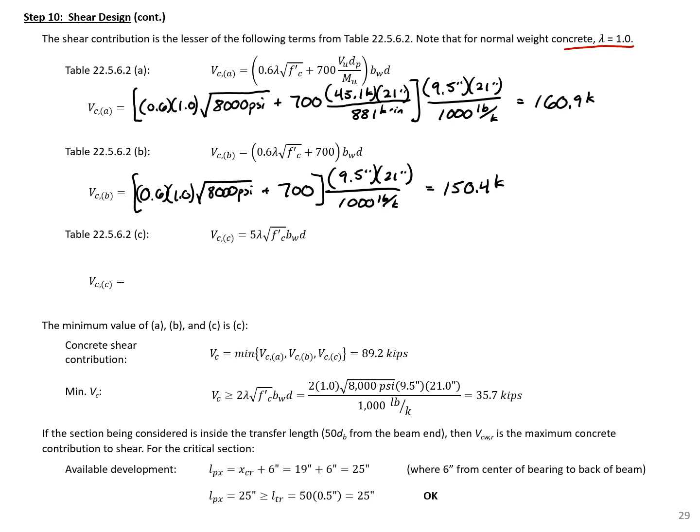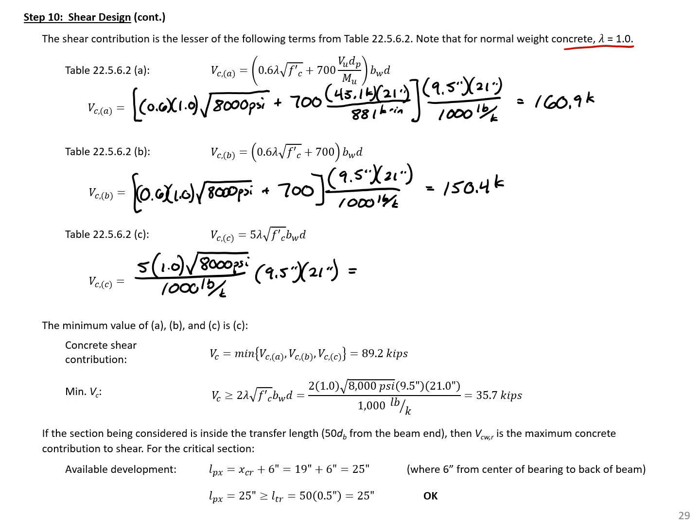The final component, C, is going to be 5 times 1.0 times the square root of 8,000, divided by 1,000, and then times 9.5 times 21.